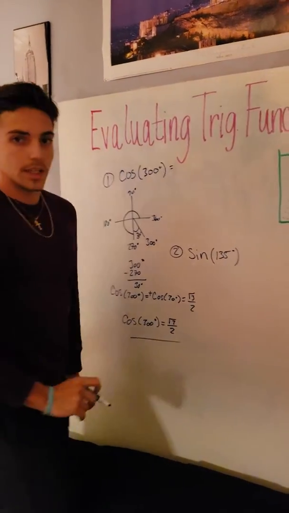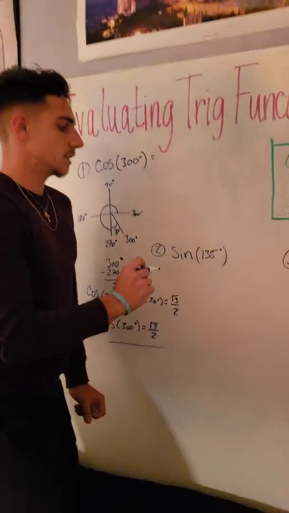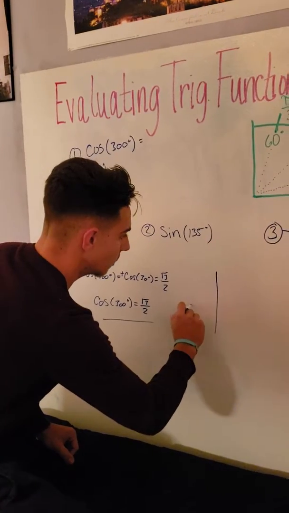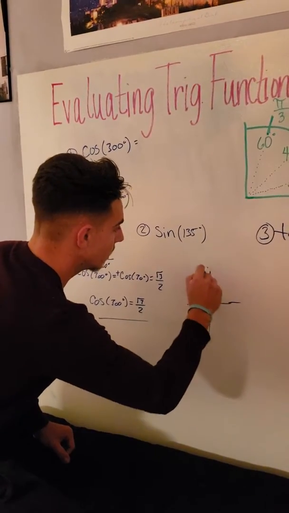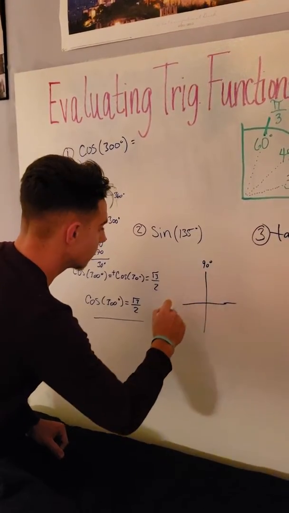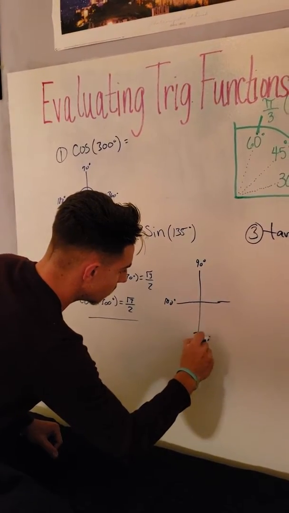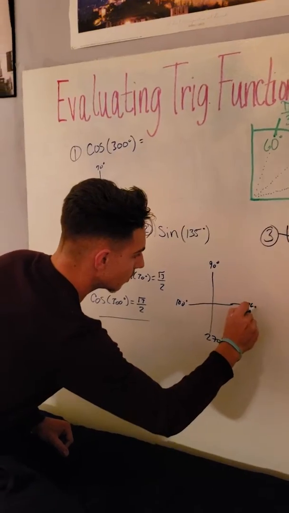Okay, on to our second problem, which is the sine of 135 degrees. So again, we're going to draw this out. This is 90, 180, 270, and 360.